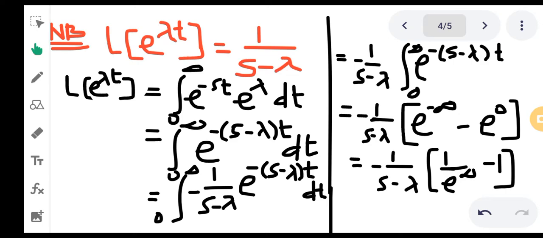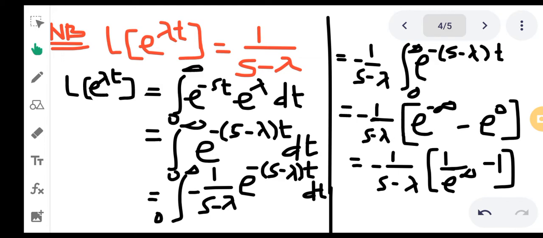Without much ado, I want to prove why whenever we apply a Laplace transform to an exponential function in this form, we get this result. That's what I have done here, so let me explain.